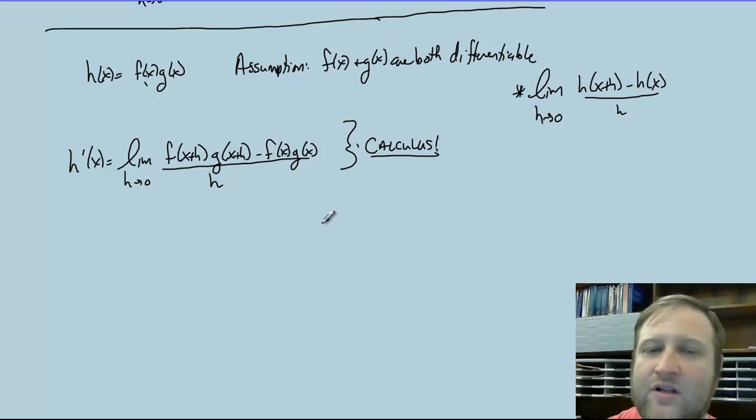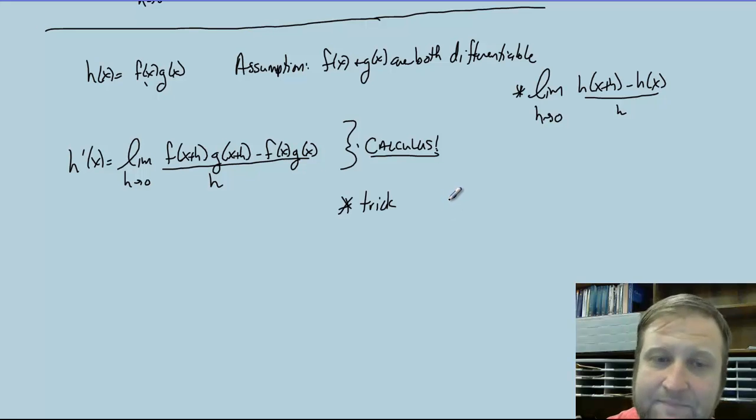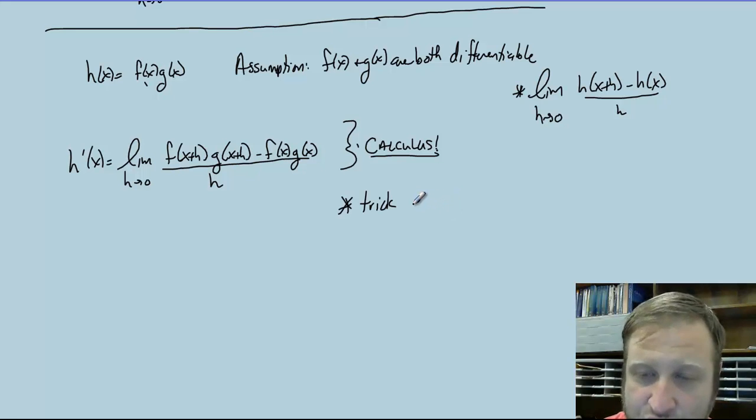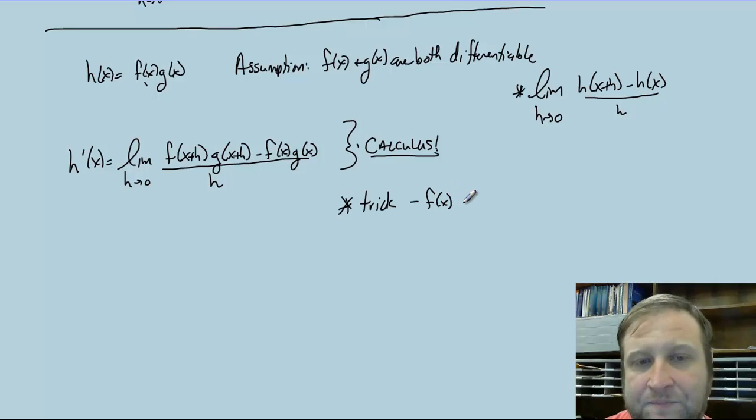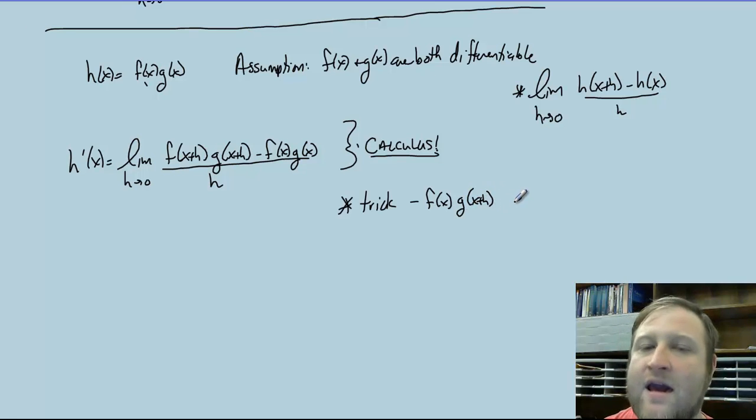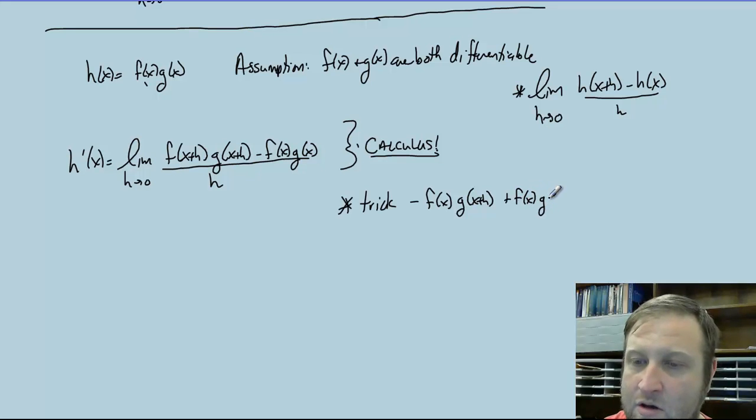So now there's a little trick that we're going to apply here. There's a little trick that I use in order to make this very easy. The trick is that we're going to subtract out f of x, g of x plus h, and then we're going to add in f of x, g of x plus h.